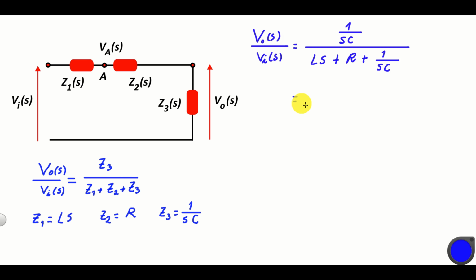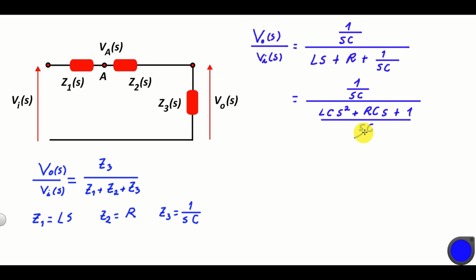Next, let's further simplify the expression on the right-hand side. For the time being, let's leave the numerator as it is, and in the denominator we can write the following. We can group the terms together, and over here we will have LC multiplying S squared, then we will have RC multiplying S, and then we will have plus 1.